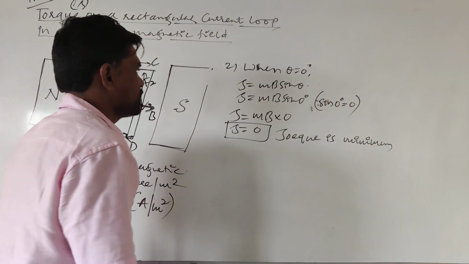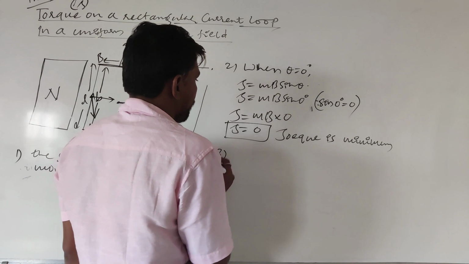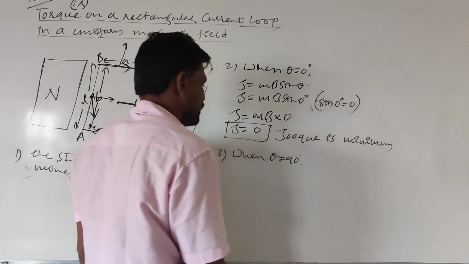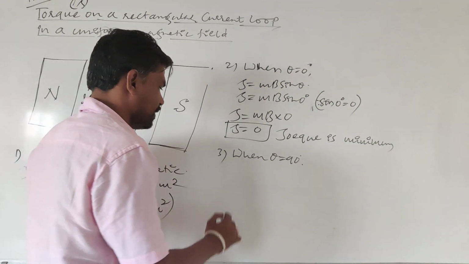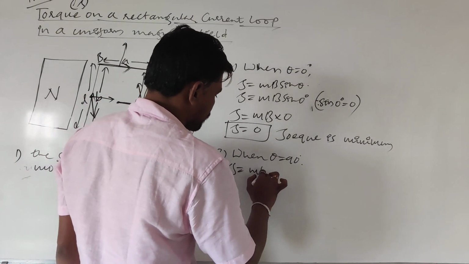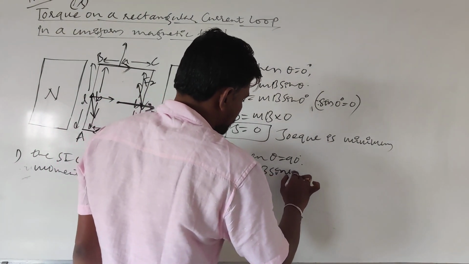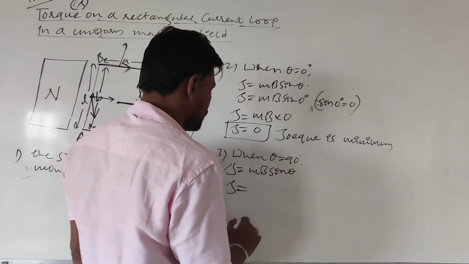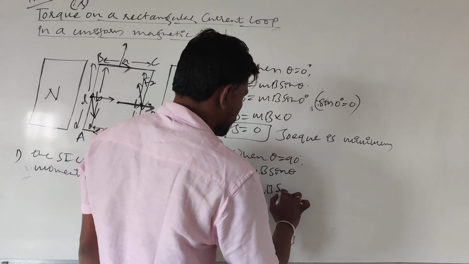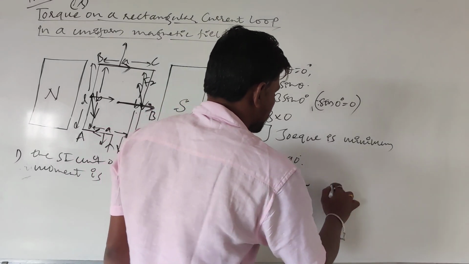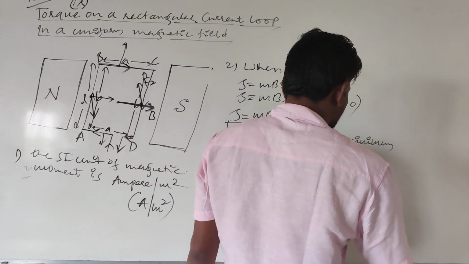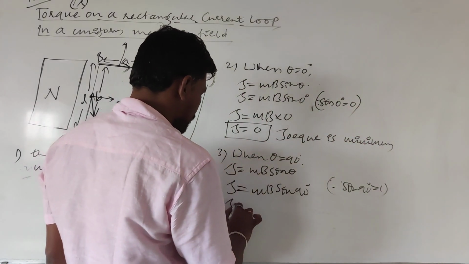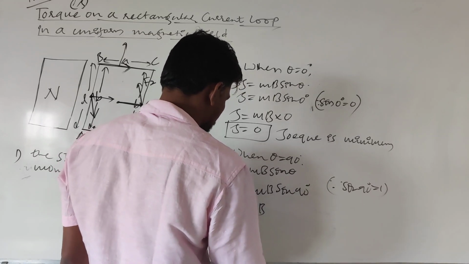Next, third one, when theta is equal to 90 degree, torque is equal to mB sin theta. So torque is equal to mB sin 90. Sin 90 is equal to 1, so torque is equal to mB.